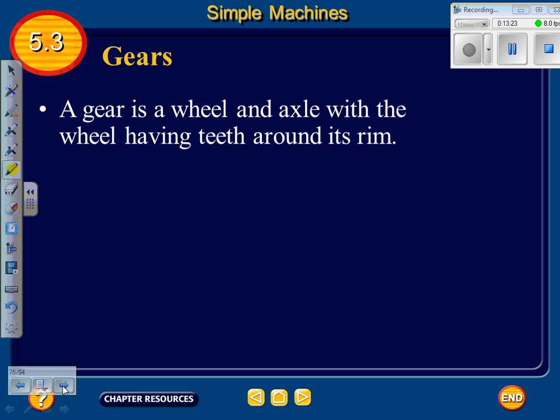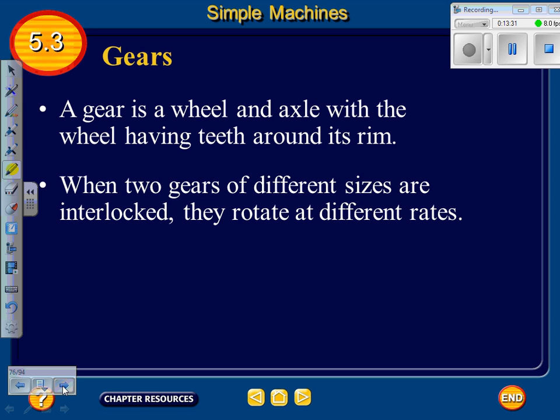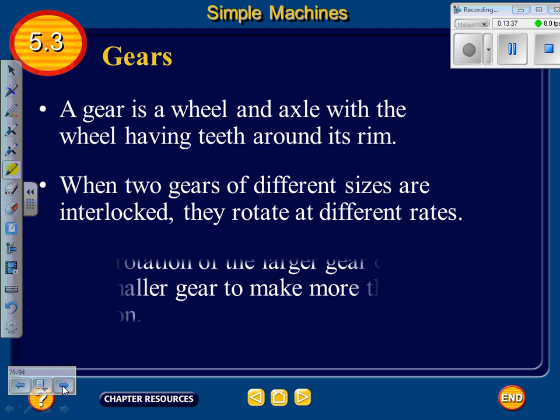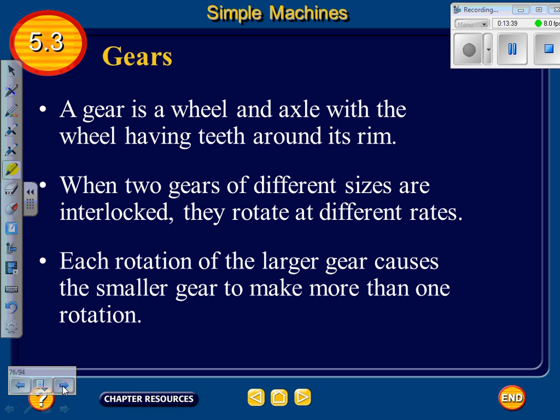A gear is a wheel and axle with the wheel having teeth around its rim. When 2 gears of different sizes are interlocked, they rotate at different rates. Each rotation of the larger gear causes a smaller gear to make more than one rotation.